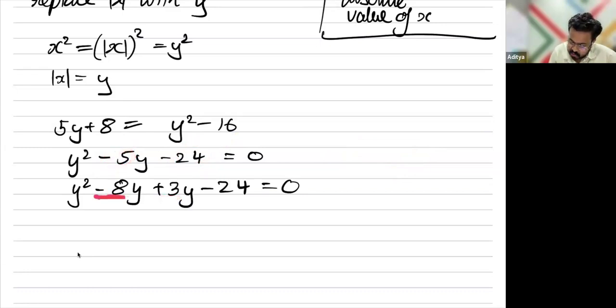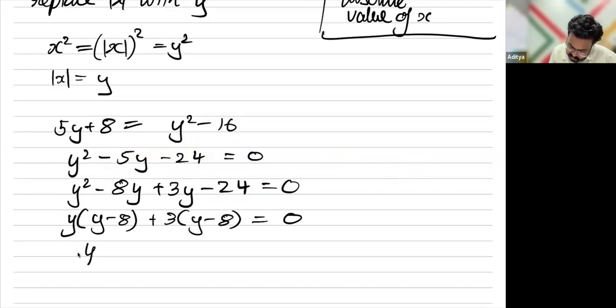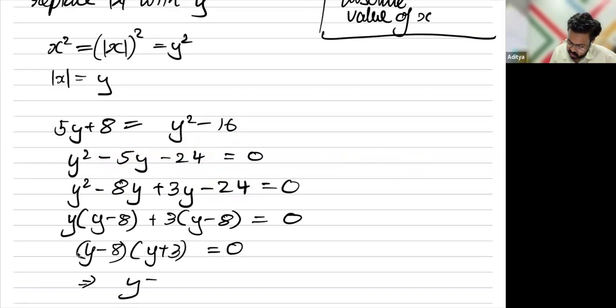So here minus 8 times 3 gives minus 24. If you take y common from the first two, y minus 8, and 3 common from the next two, y minus 8, you find that y minus 8 comes out common and you're left with y plus 3 equal to 0. From here, you can say y equal to 8 or minus 3. These are the roots for y, the quadratic in y.